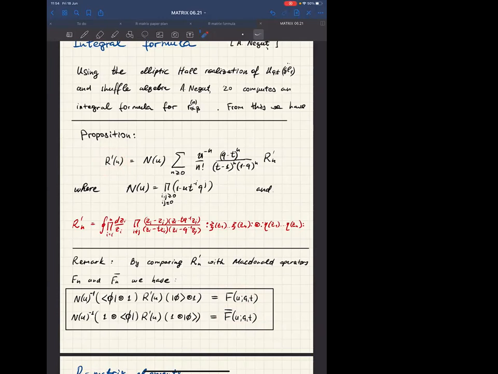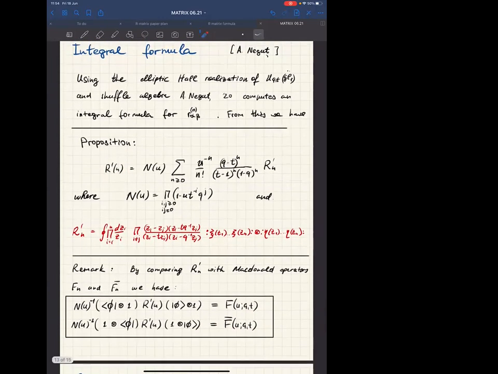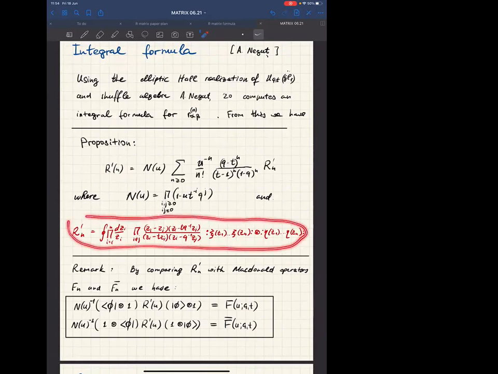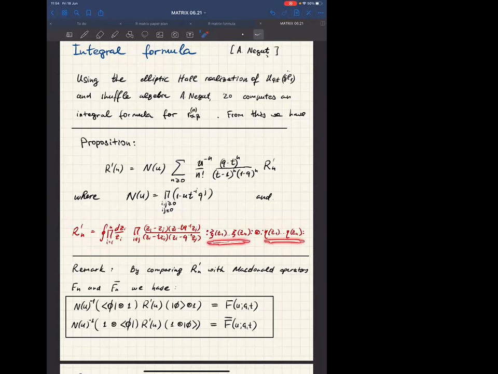But I would like to maybe stop here, emphasizing the connection between this R matrix and Macdonald operators. So this was the motivation of the title, I guess, that there is a nice connection between the R matrix and Macdonald operators.